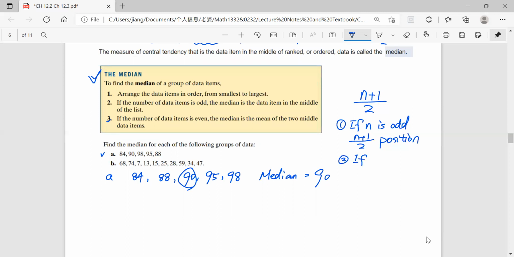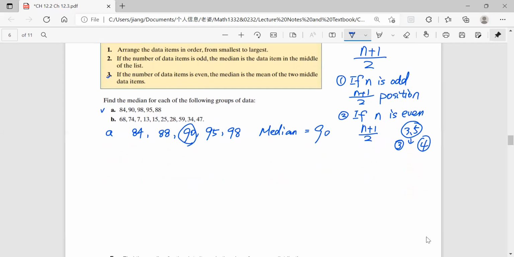If n is even, we can also use this way, n plus 1 over 2. Sometimes we will find, for example, 3.5. That means the median is between the third position and the fourth position. So we use the third position number plus the fourth position number, and then divide by 2. That is the median.